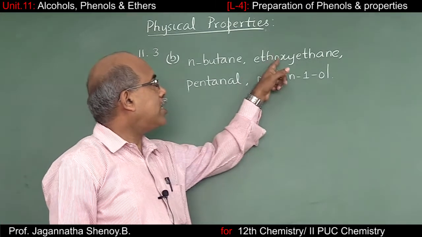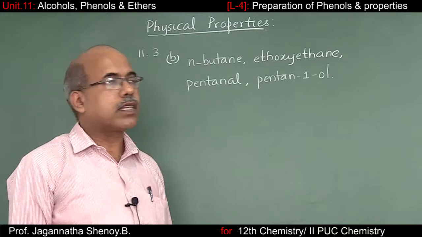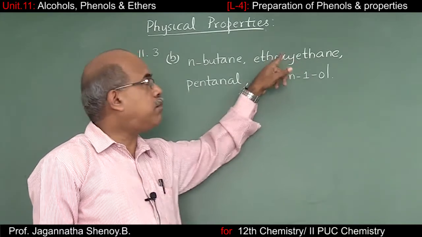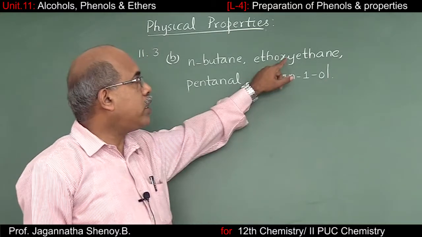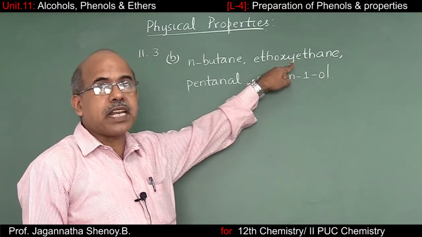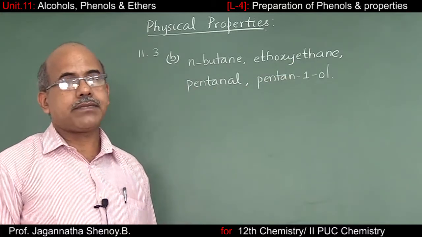In other words, they should be held together by dipole-dipole interaction. Also, we know that ethers have a lower polarity compared to pentanal. That's why the dipole-dipole interactions of ethoxyethane must be relatively weaker when compared with those of pentanal.